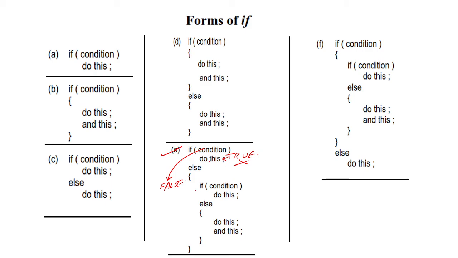And again here an if statement is nested, so it will check a new condition, and if this condition is true, it will do this work. And further, if this condition is false, it will do the work given by these statements, and after that it will come out.